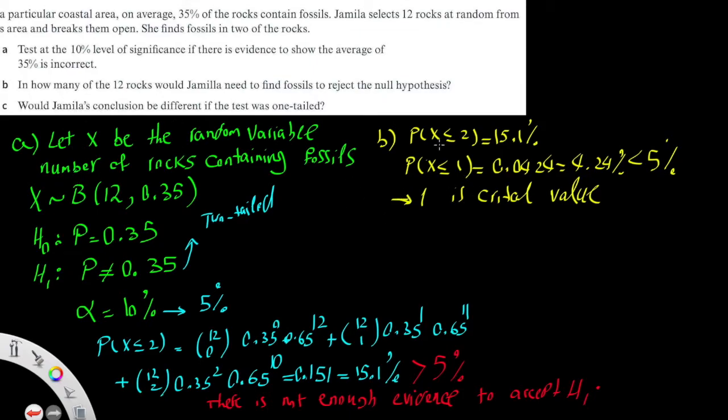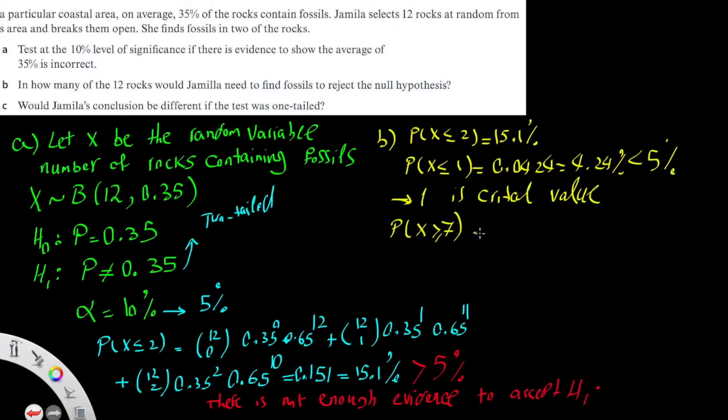Now it was a test done on the left-hand side tail. Now we go to the other end. We check the region on the right-hand side. We calculate the probability of X, for example, greater than or equal to 7.